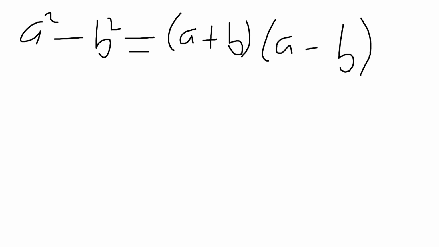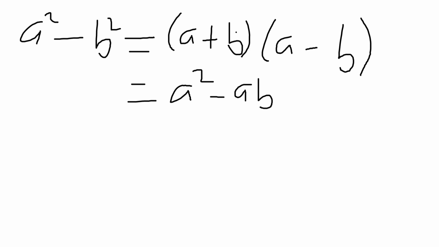Now, how are we so sure? Let us try and expand what we have here. So when you take a and you multiply by a, what do you get? You get a squared. When you take the same a and you multiply it with b, you get negative ab.